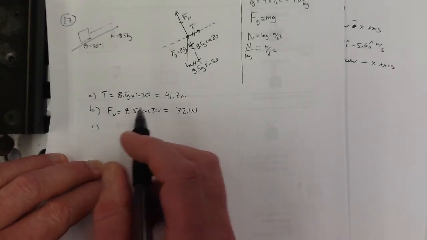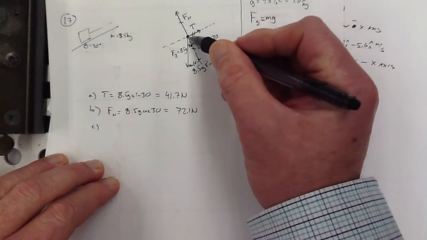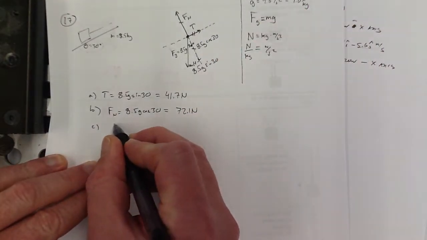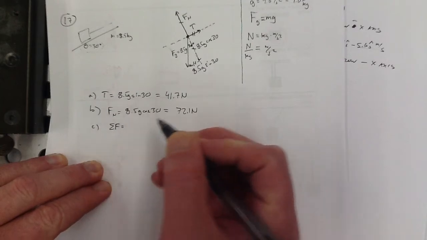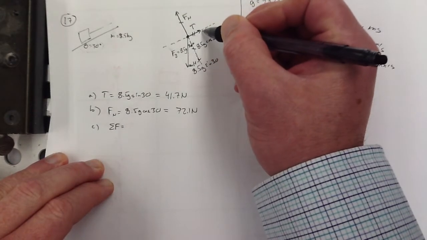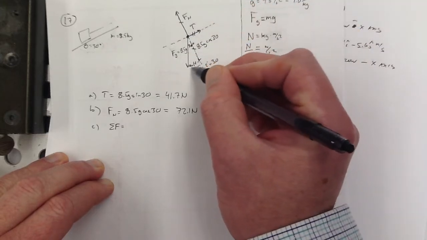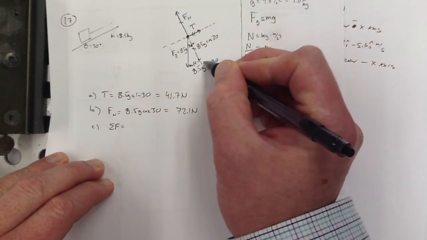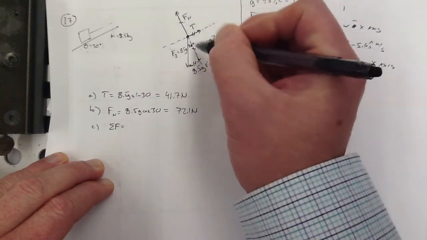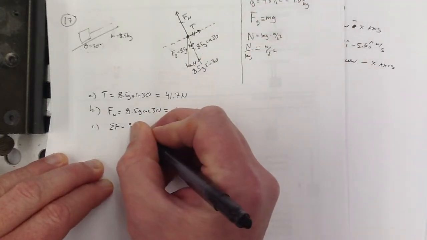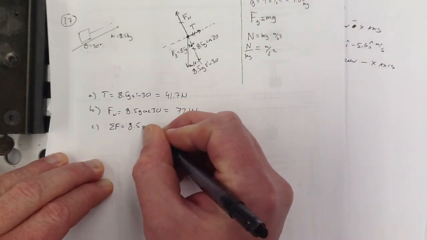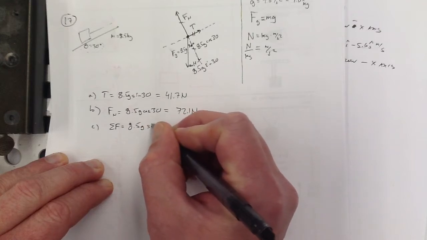So if the cord's cut, what's the magnitude of the acceleration? If the cord's cut, then the tension would be gone, and these two would still be balancing each other out. So the unbalanced force, or the sum of all forces, would just be this, because those are canceling out. That would be 8.5 g sine 30.